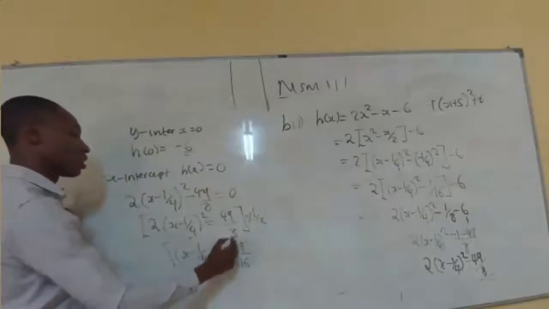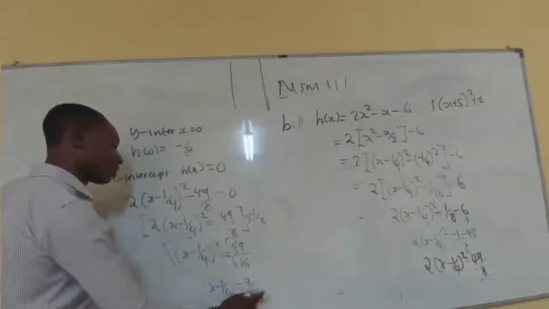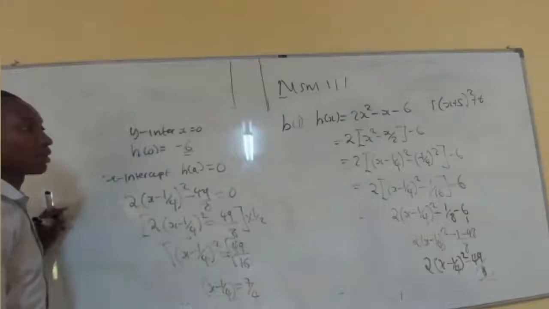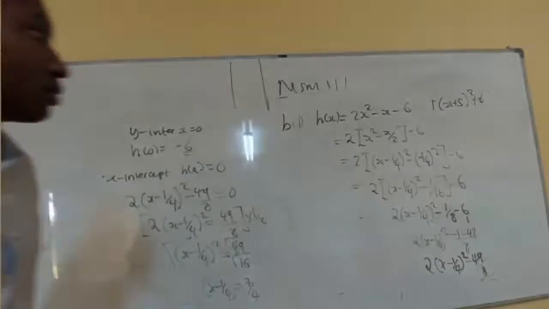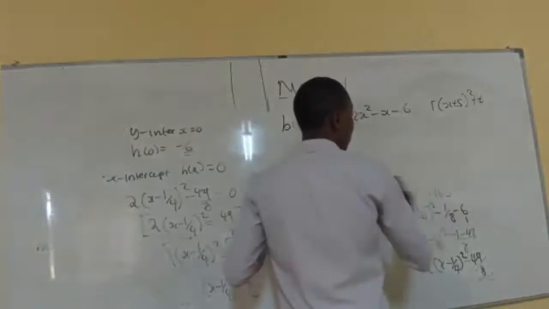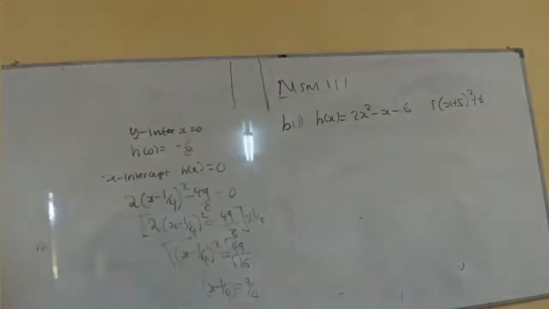Okay, take the root there. We have x minus 1 over 4 is actually equals to 7 over 4.